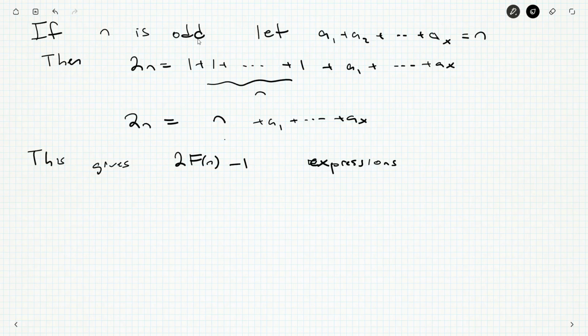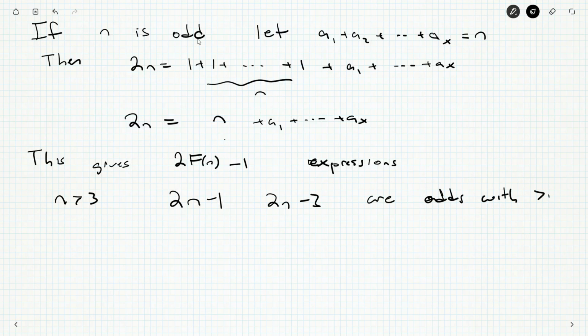But then, n is greater than or equal to 3. So n is at least 4, so 2n is at least 8. So 2n minus 1 and 2n minus 3 are odds that are greater than n.